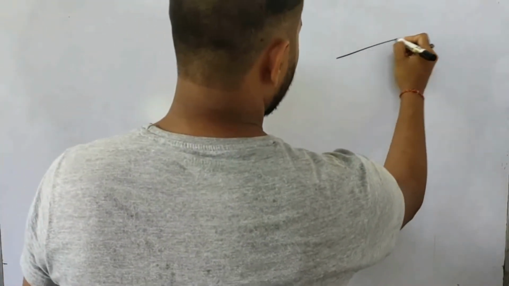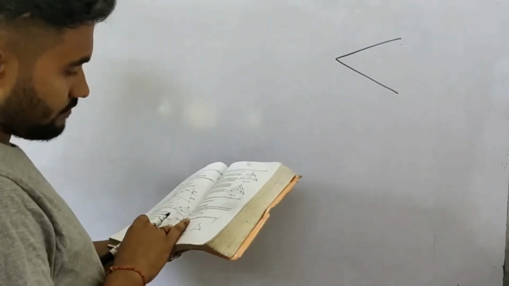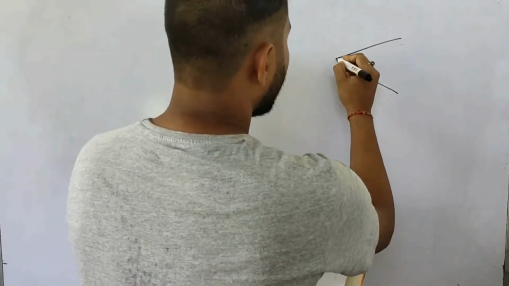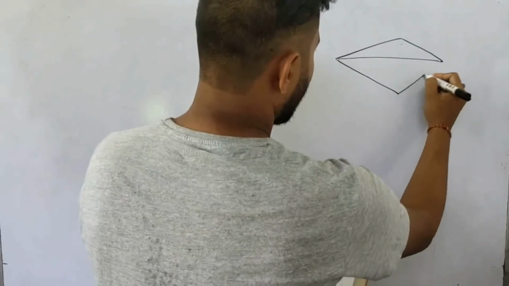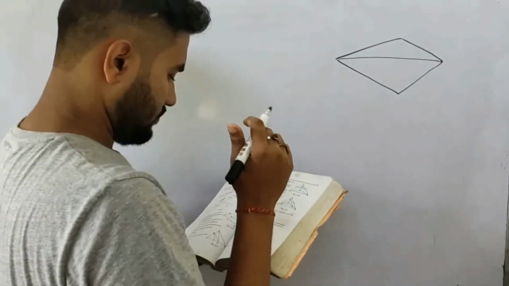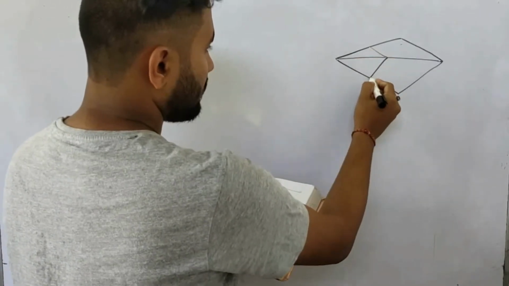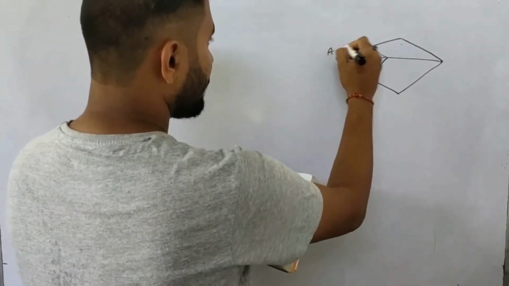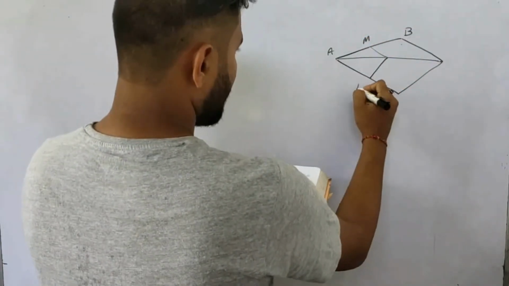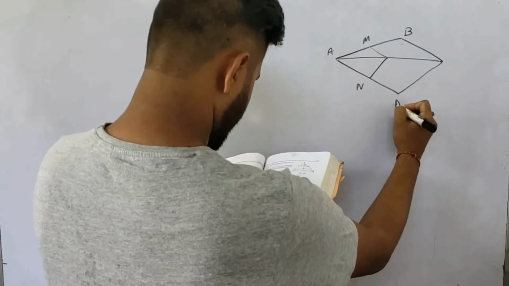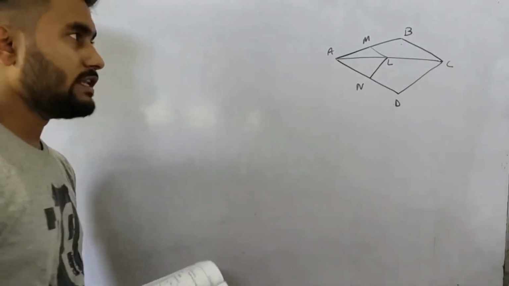So this is AB, this is AD, and then this is there. Okay, so this is the diagram.